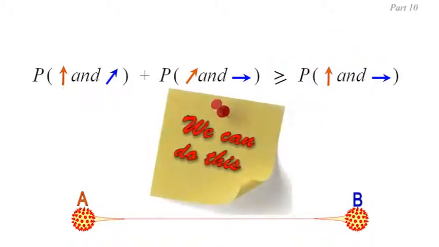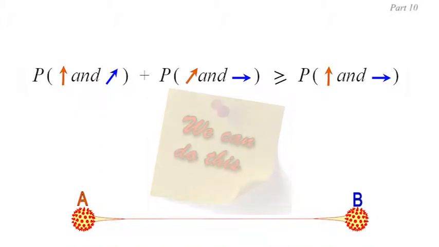Now we can do this. We've looked at enough situations where probabilities are 50-50, and we've also looked at 45-degree orientations where the probabilities are 85-15. So we should be able to think this through.